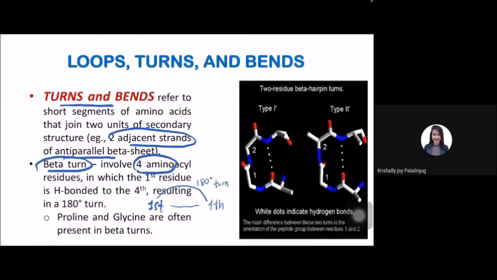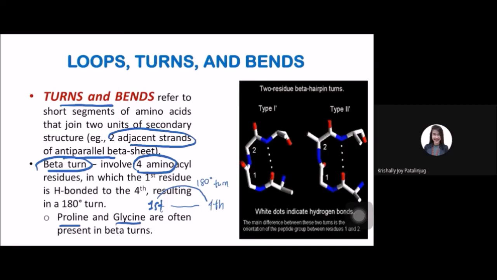Okay? So, yan yung beta turn. And with regards to beta turn po, take note, ang amino acids na usually present sa beta turn, often we can see proline and glycine. They are often present po in beta turns.